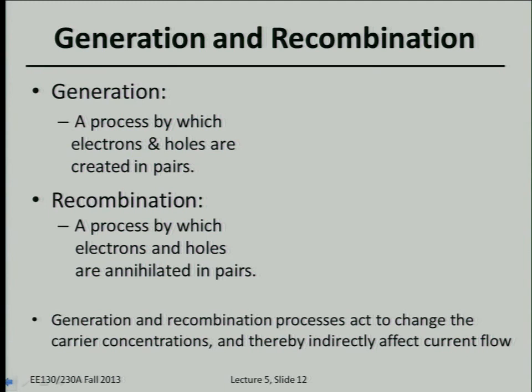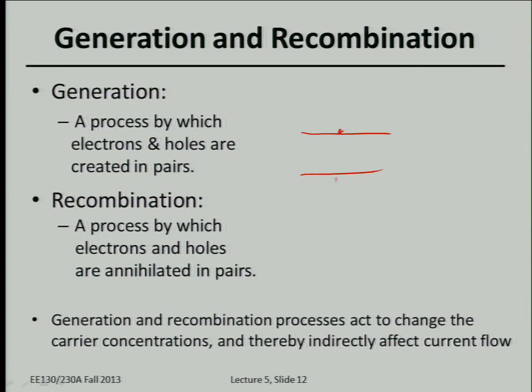Previously we talked about drift and diffusion. Those two behaviors are based only on keeping track of a single type of carrier. If you recall how we derived drift or diffusion, we just keep track of, let's say, electrons, and see how they behave in the conduction band.